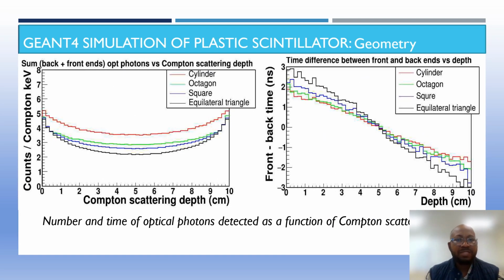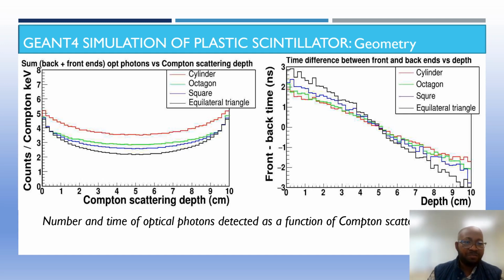The first property investigated was the geometry, where we looked at the sum of optical photons detected at both ends of the scintillator at each Compton scattering depth within the scintillator, as well as the time difference between the front and the back end at which each optical photon was detected.